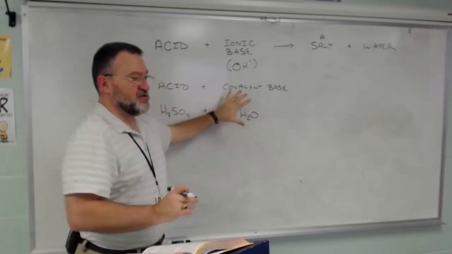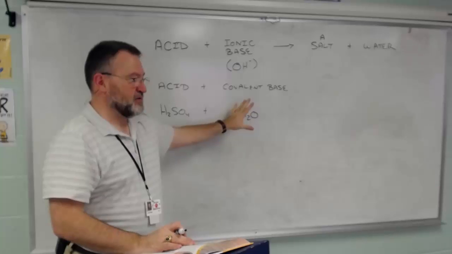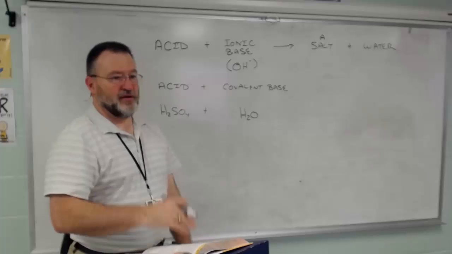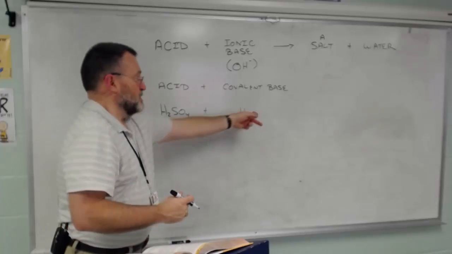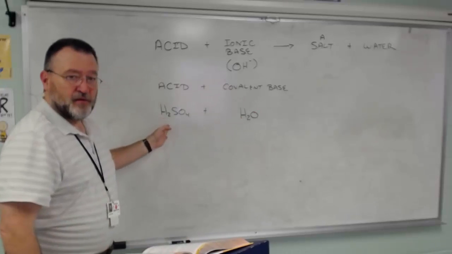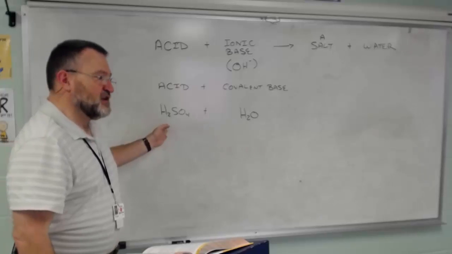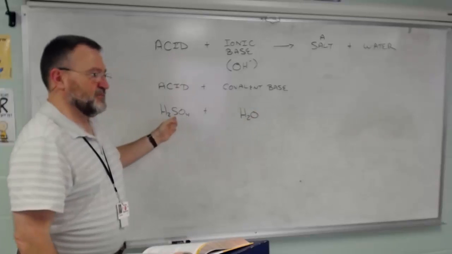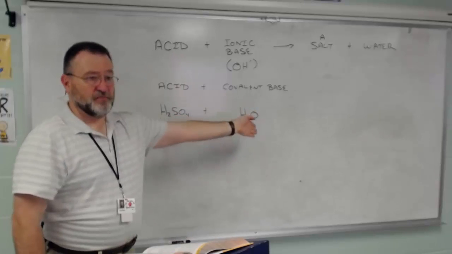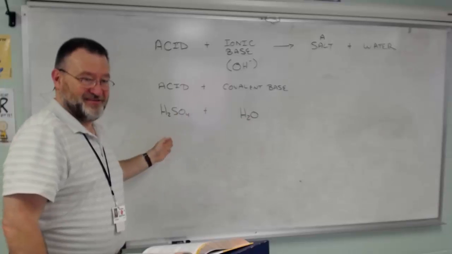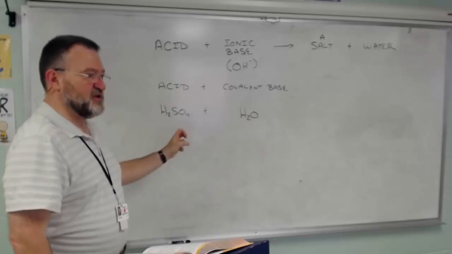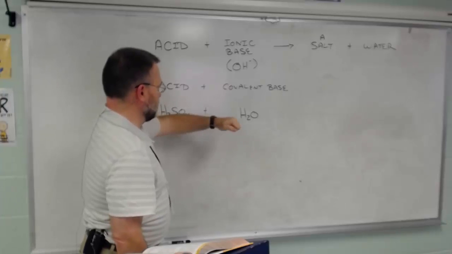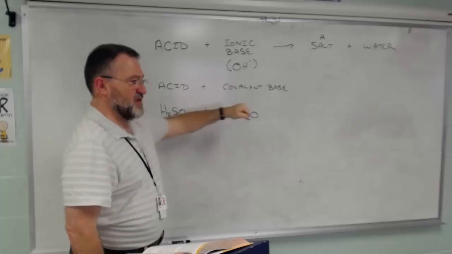Remember, water is our example of an amphiprotic or amphoteric, which means it can be either a base or an acid. Since we're mixing an acid with it, the water is going to say, hey, I've got acid. Today, I'm going to be a base, and I'm going to neutralize the acid. If I added a base to water, the water would become the acid. So it can be either. In this case, I'm adding sulfuric acid to water, so this is going to be the acid and this the base.